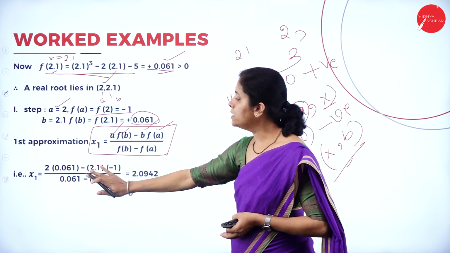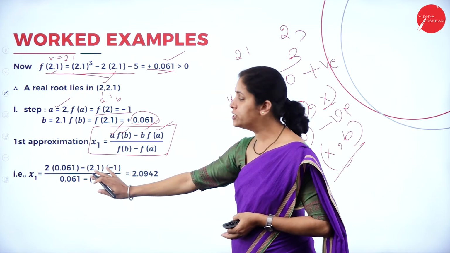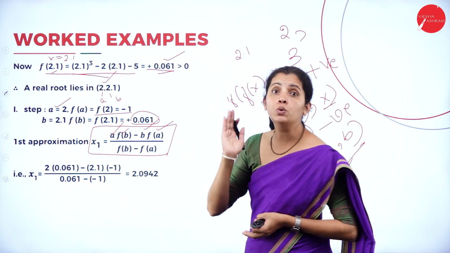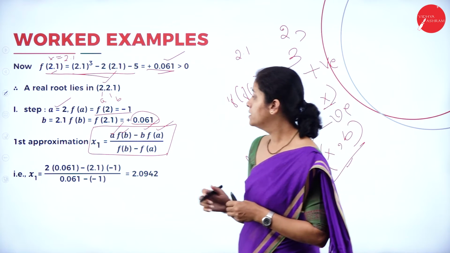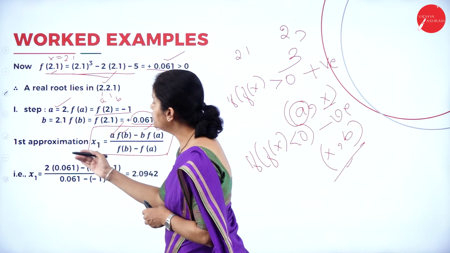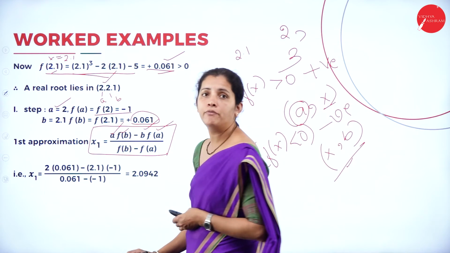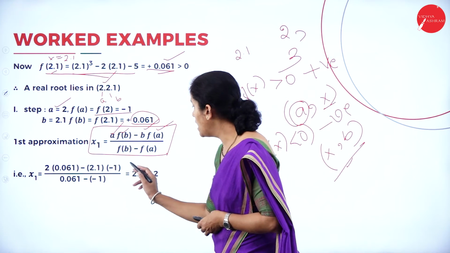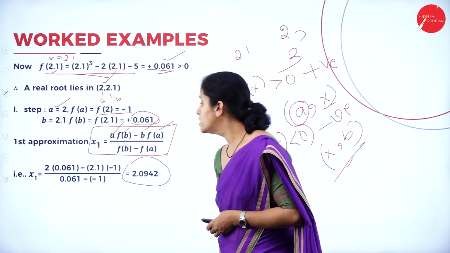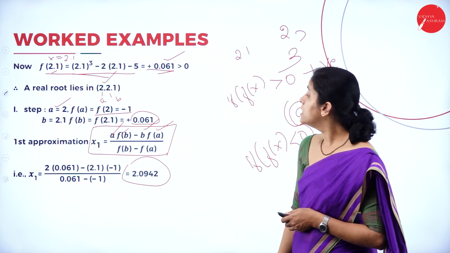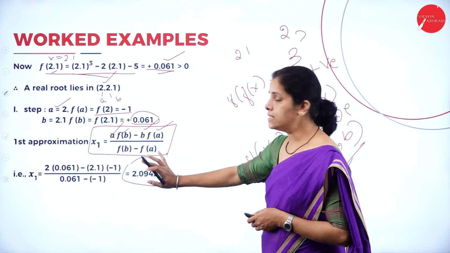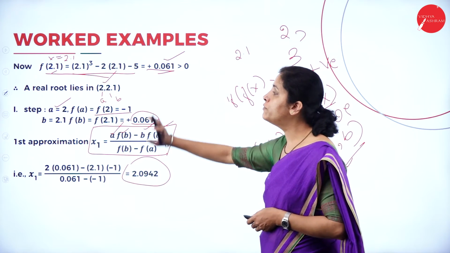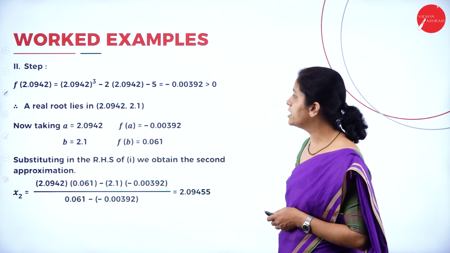So dear student, to find the solution, it's better to use a scientific calculator. And when I substitute the formula and find x1, I'm going to get the answer 2.0942. Okay, now I'm going to consider this value for my second iteration.